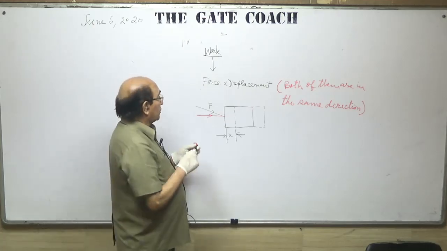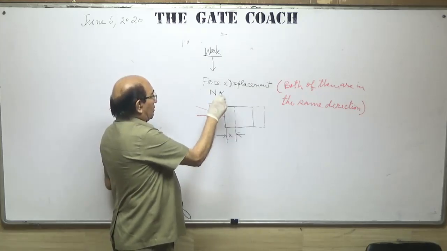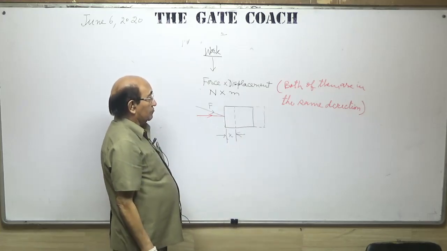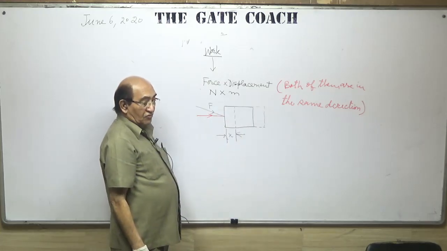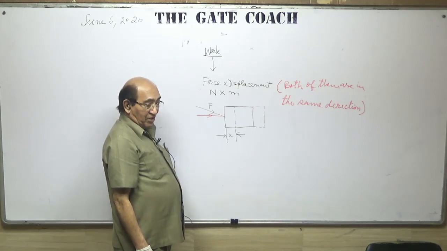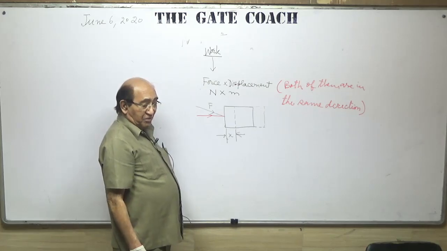How about the units? Force is written in terms of Newton, displacement in terms of meter. As I told you earlier, when science was not developed properly, anything you expressed, you used to become famous.